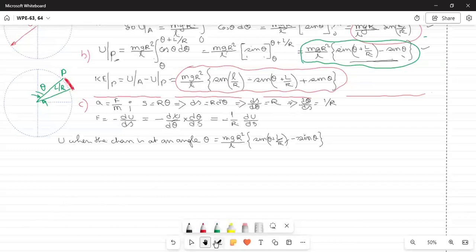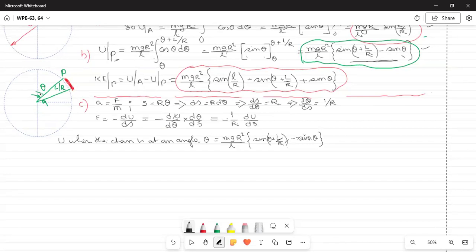Now, the technique that we shall use: we shall find the force, because force or acceleration they wanted us to find out. We shall find the force or acceleration when the body is at an angle theta.